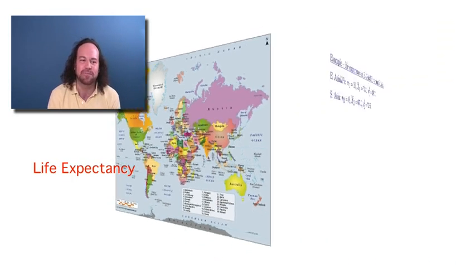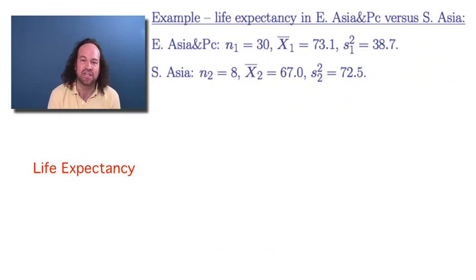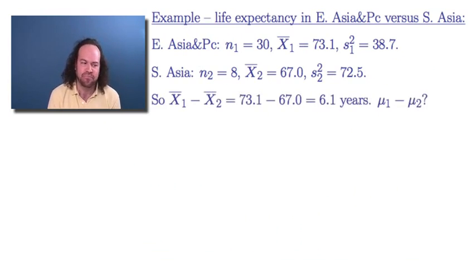So East Asia and the Pacific had 30 countries. Their mean life expectancy was 73.1 years with their sample variance. And South Asia had just 8 countries. Their sample mean life expectancy was 67.0 years with their own sample variance. So that means the difference in the sample means is equal to 6.1 years.